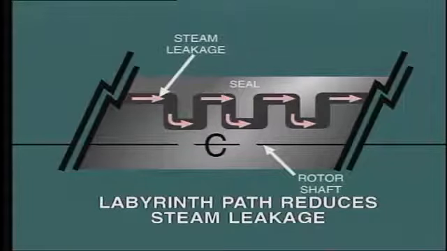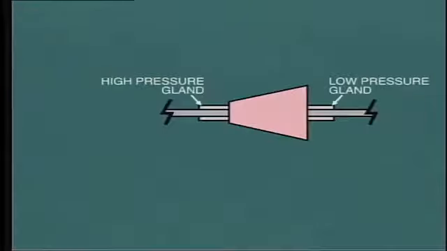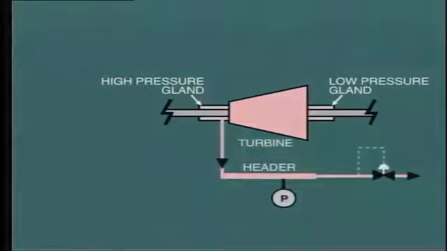Even so, there will still be some leakage of steam at the high pressure end through the gland seal. This leakage steam is extracted from the gland and fed into a low pressure extraction point. The leak-off valve automatically adjusts the pressure within the gland steam header to maintain approximately 5 psig. But even at that low pressure, there will still be some leakage along the shaft into the turbine room.